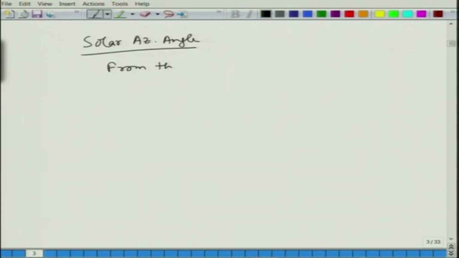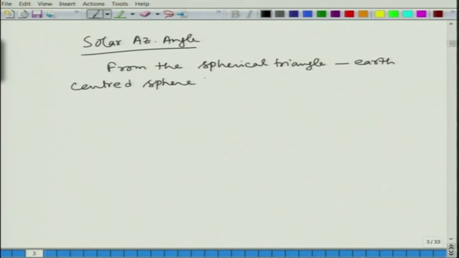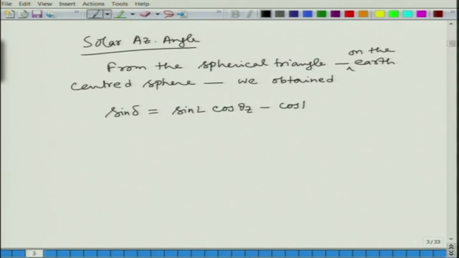From the spherical triangle, which is earth centered spherical triangle, so, this spherical triangle on the earth centered sphere, we obtained the following relationship: sine of declination is equal to sine of latitude cos of zenith angle minus cos of latitude sine of zenith angle and then cos of solar azimuth angle.